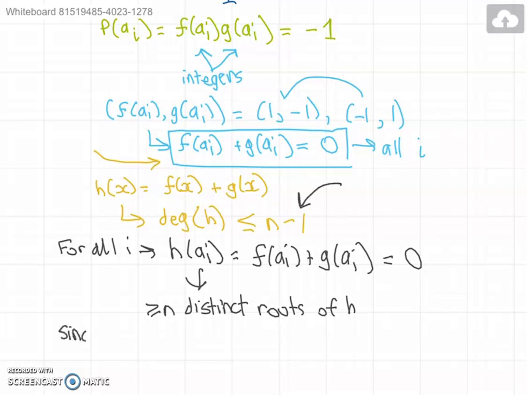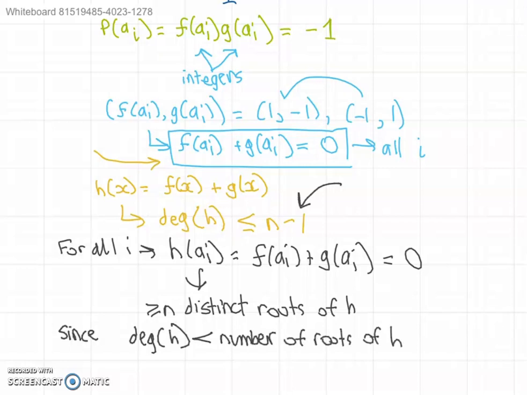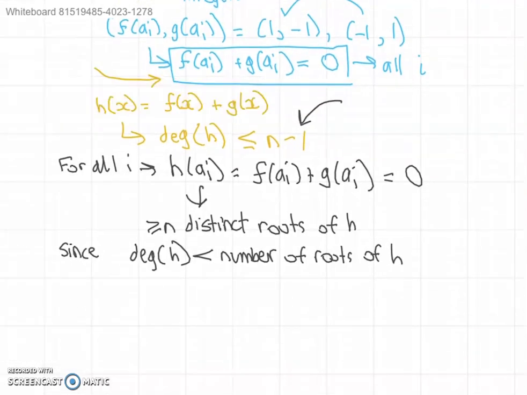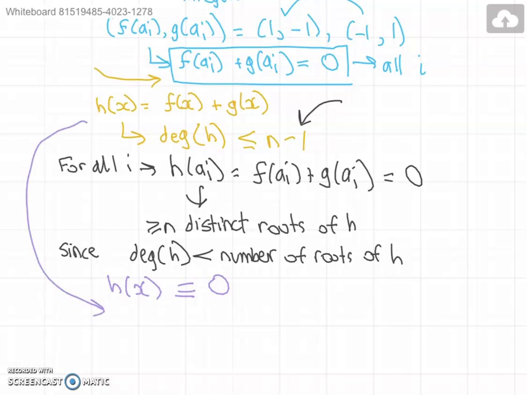Since the degree of h is less than the number of roots of h, the only way this can happen is if h is the zero polynomial. You can write a congruent symbol to denote it's a zero polynomial. And this means f of x plus g of x is the zero polynomial. So we have f of x is minus g of x.